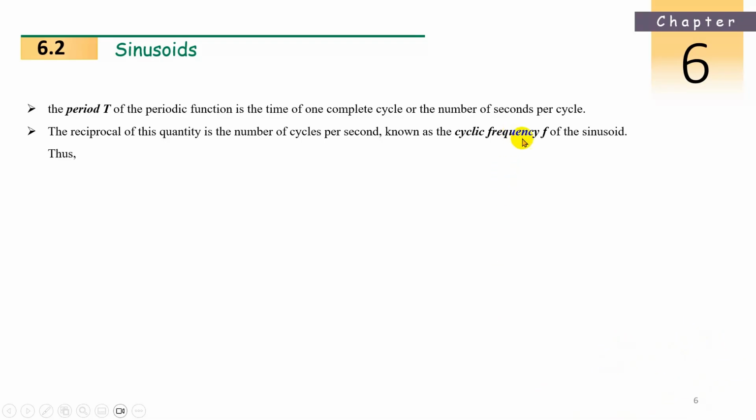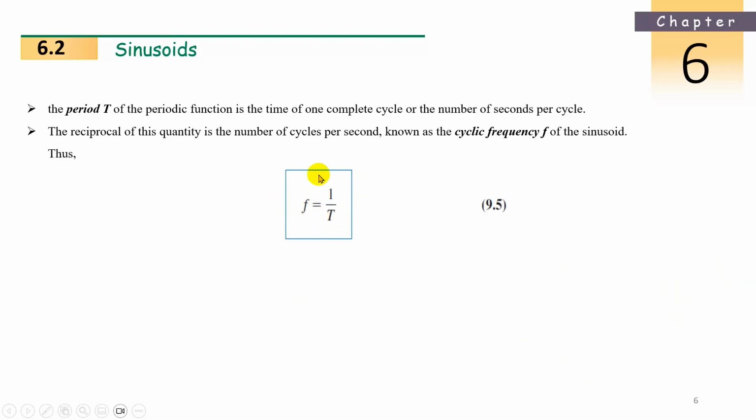That is called cyclic frequency. How fast it is repeating, how frequently it is moving from positive to negative, positive to negative. That's why it is called frequency, given by f is equal to 1 by T.